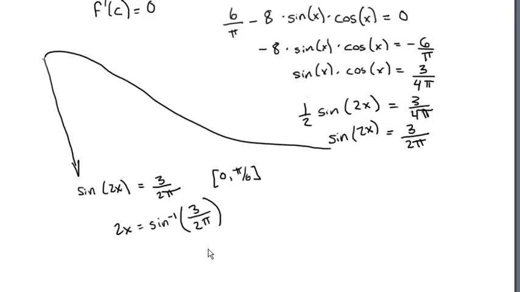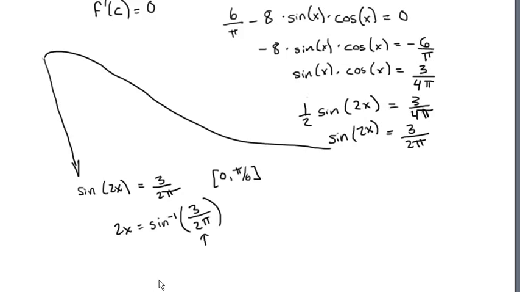And 3 over 2 pi is a value of 0.477 something, so that is well within our bounds of 1.57 being pi over 2. So this is in the domain of the inverse sine.